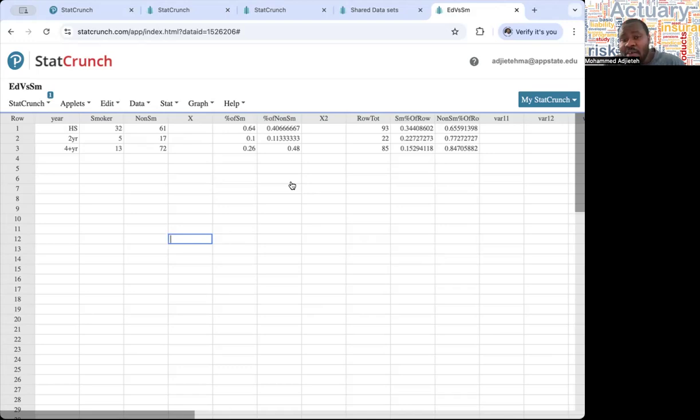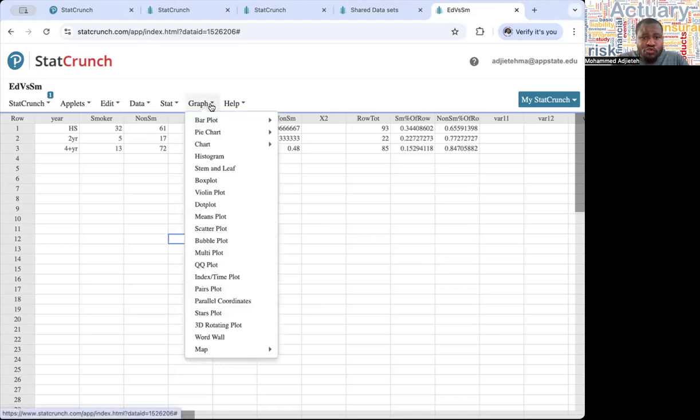But here we have two categorical variables, and we want to display a graph that can provide some meaning. So what do you think? Well, we could use a split bar graph and also a stacked one. So let's see how to use a split bar graph here in StatCrunch. So we go to Graph.